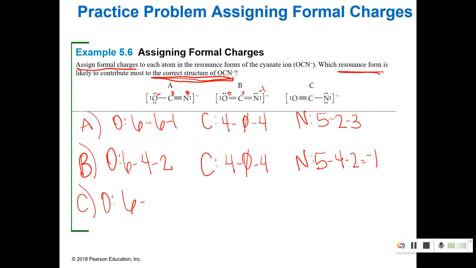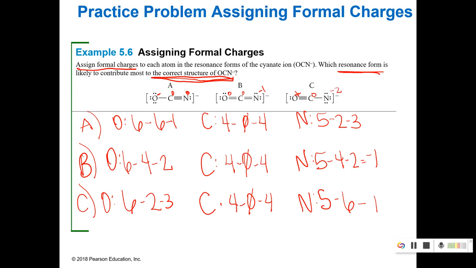C, oxygen is 6 minus 2 minus 3, so that one is plus 1. Carbon, 4 minus 0 minus 4. And this nitrogen is 5 minus 6 minus 1. So that's actually negative 2.